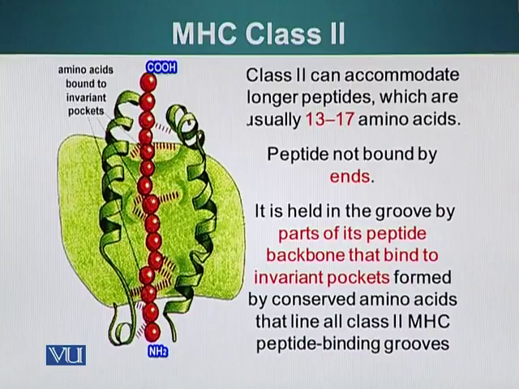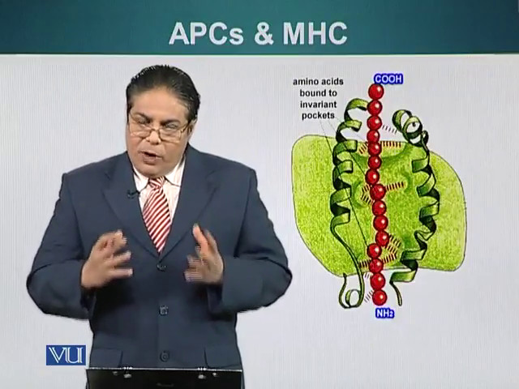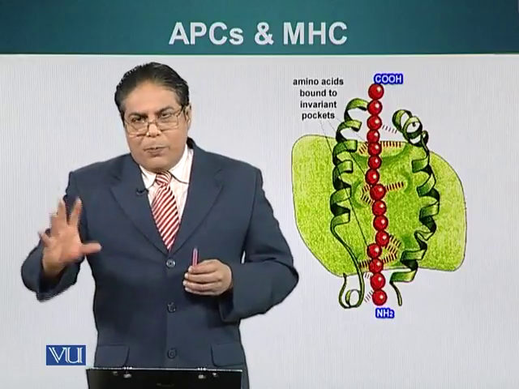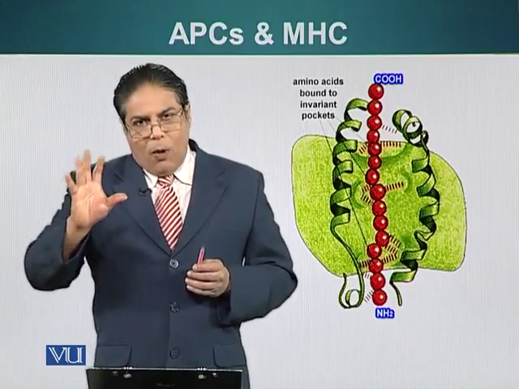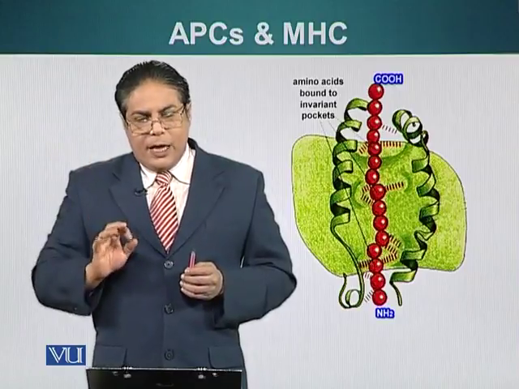And again, they recognize the conserved part of the amino acid backbone. Again, the MHC2 molecule, using this strategy, can also bind a large variety of different polypeptides, about 13 to 17 amino acids long. So these MHC molecules basically are displaying peptide fragments of the cell on their surface.